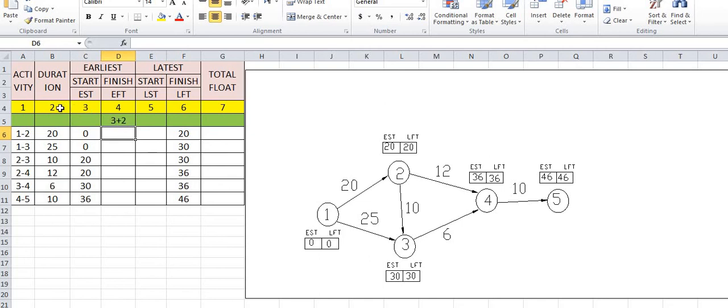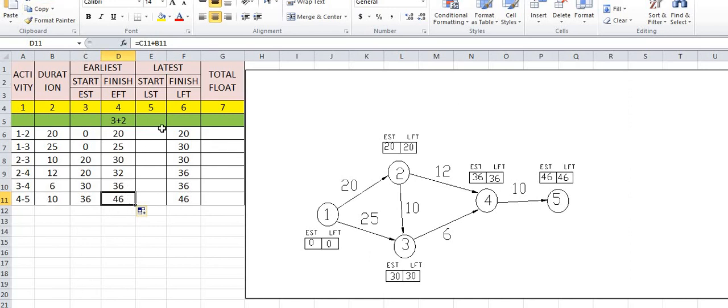Column number 3 is 0, added to 20, that is 20. In this way we calculate the remaining activities: 0 plus 25 is 25, 20 plus 10 is 30, 20 plus 12 is 32, 30 plus 6 is 36, 36 plus 10 is 46.